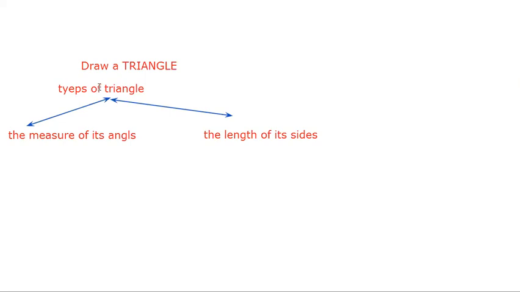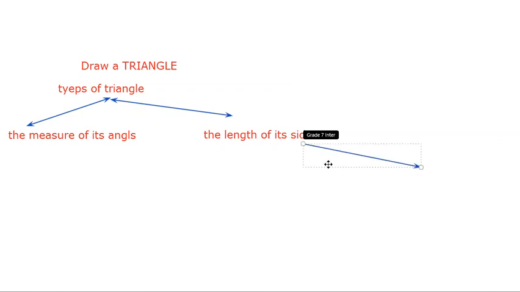In this part, which we want to talk about today, this is the types of triangle. So we can classify the types of triangle according to the length of each side and the measure of each angle. First, the length of each side.